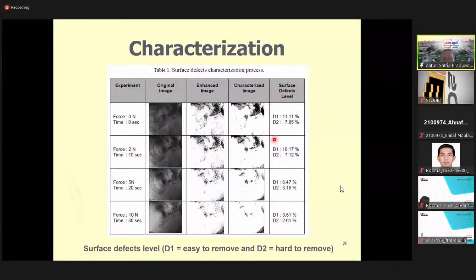D1 is an easy-to-remove defect, and D2 is hard to remove. We categorize based on the vision. It is around 11% and 7%.